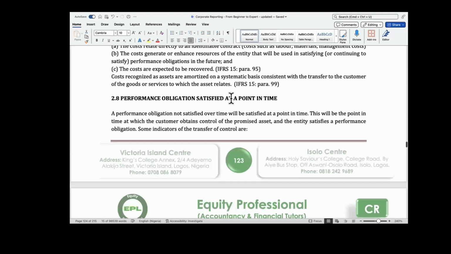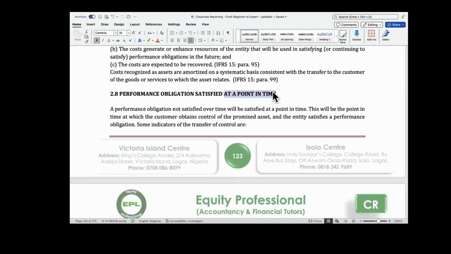However, when the performance obligation is satisfied at a point in time, and the point in time is the point where the customer obtains control of the promised assets, then we said, okay, you have satisfied the obligation at a point in time because the customer now has control.